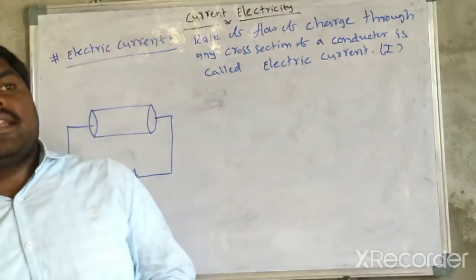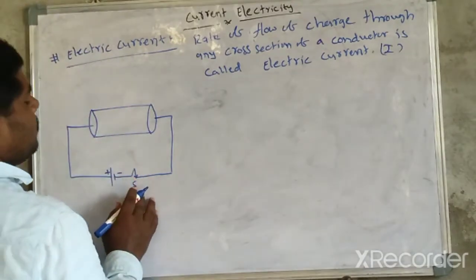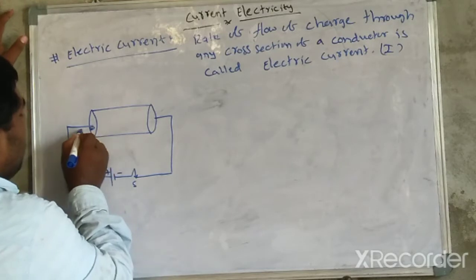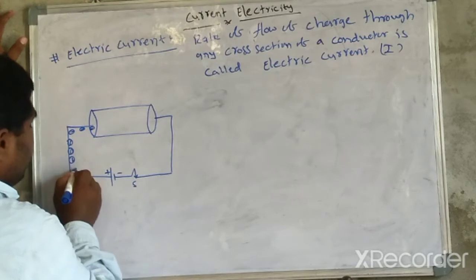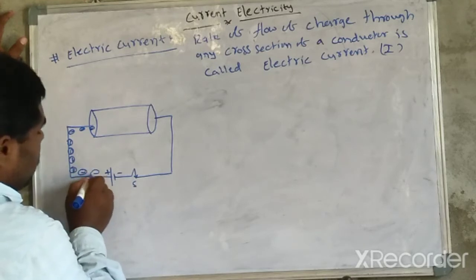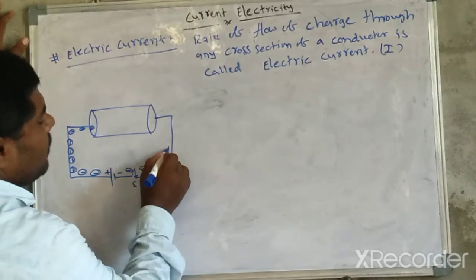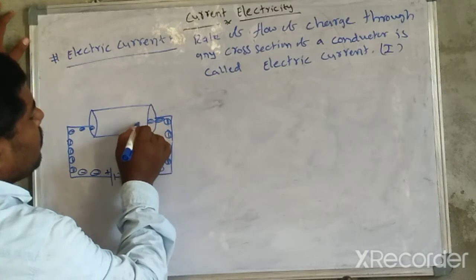Whenever the switch is closed, the electrons are attracted by the positive terminal of the battery. So the electrons move in the anti-clockwise direction, and the current moves opposite to the electron charges.